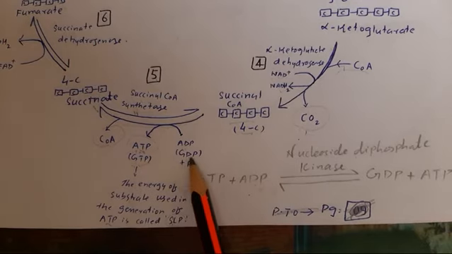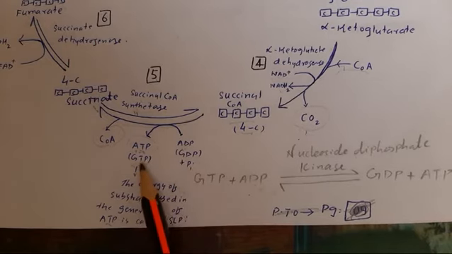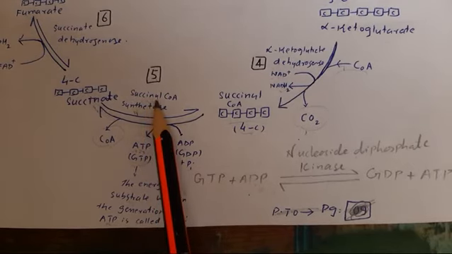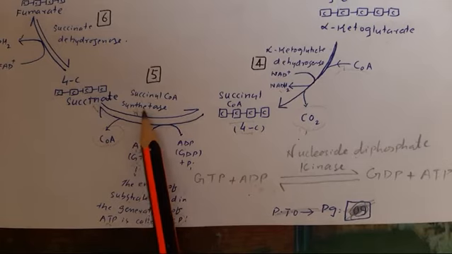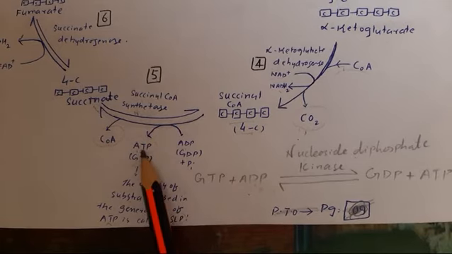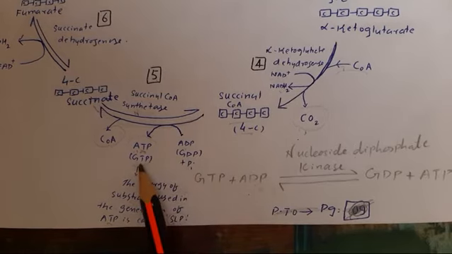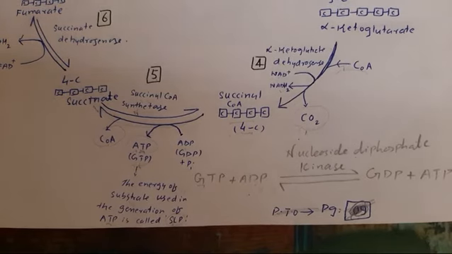GDP, guanosine diphosphate, and GTP, guanosine triphosphate. So remember that this enzyme succinyl-CoA synthetase in plants produces ATP, while in animals it produces GTP, guanosine triphosphate, right?